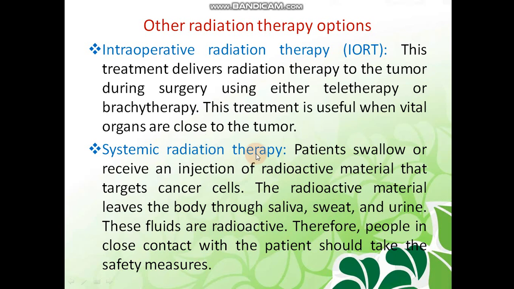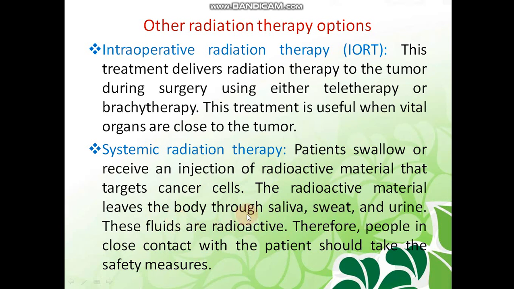Systemic radiation therapy. This is what I told. The patient can orally swallow the radioactive material, or we can inject radioactive material which can target the cancers. When it goes into the systemic circulation, it can target the cancer cells. That radioactive material then leaves the body.